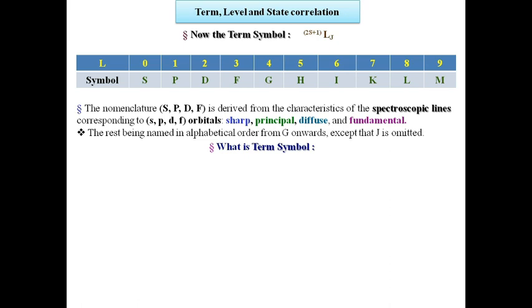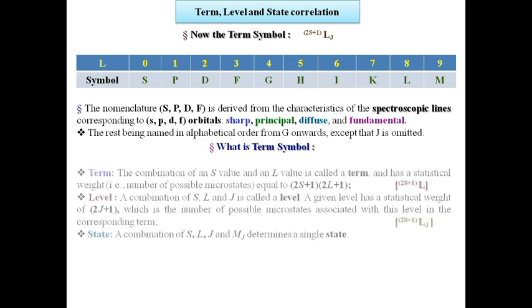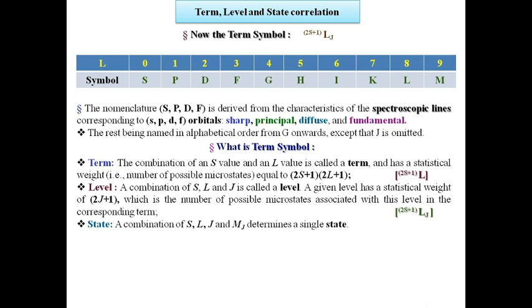Finally, combining L and S, that means (2S plus 1) multiplied by (2L plus 1), we can find the term of any electronic system. Likewise, the level and state of any electronic system can be explained as follows.